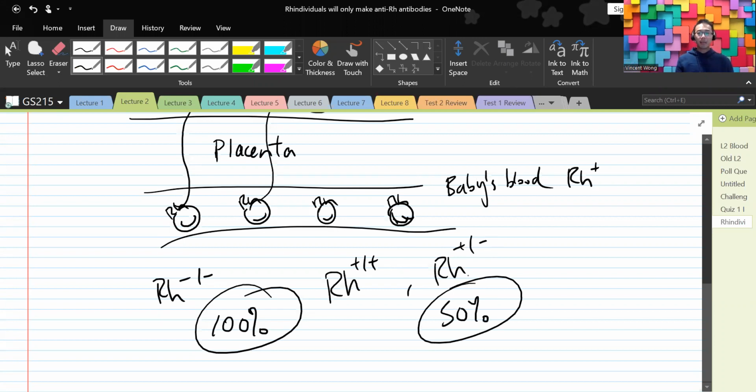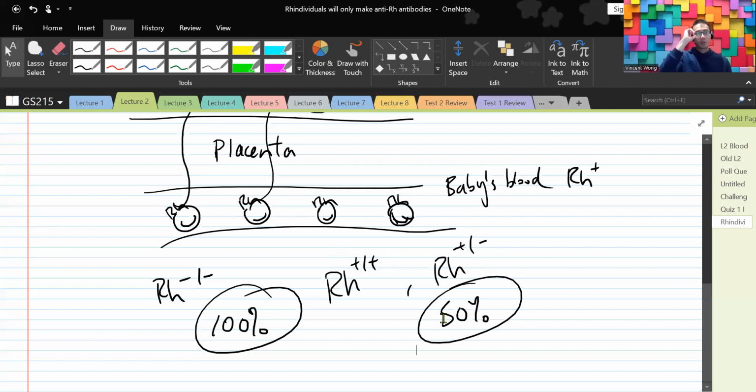There is no easy way to tell whether the father is homozygous or heterozygous, and no easy way to check whether the baby is positive or negative. So they will usually just recommend receiving the RhoGAM shot anyways, even if there's just a 50% chance.